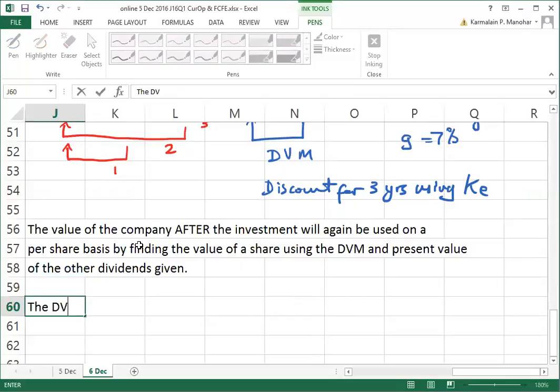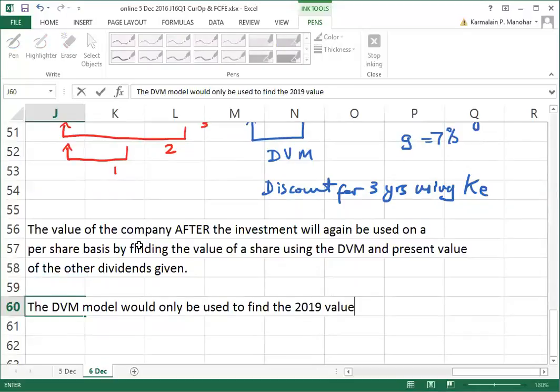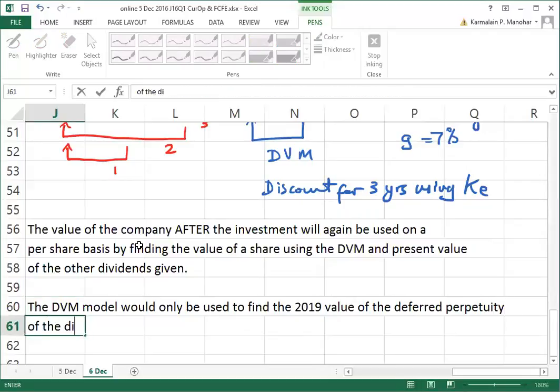The DVM model would only be used to find the 2019 value of the deferred perpetuity of the dividend stream from 2020 onwards. Right?